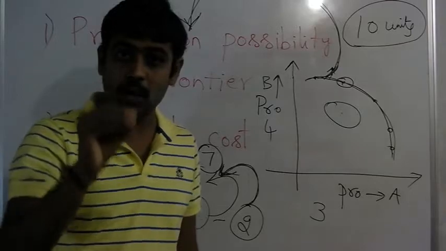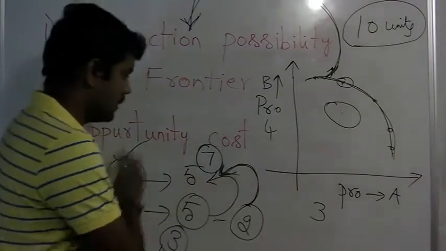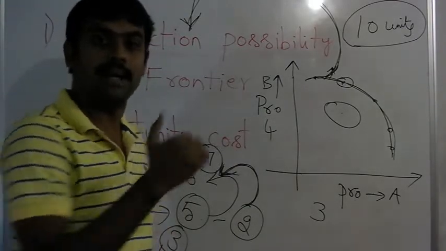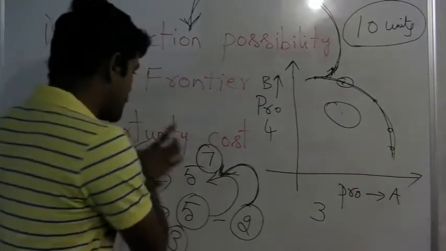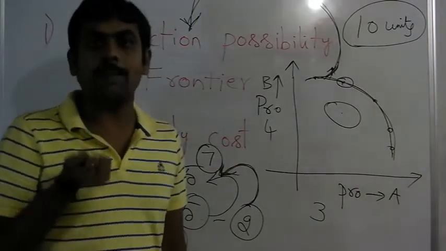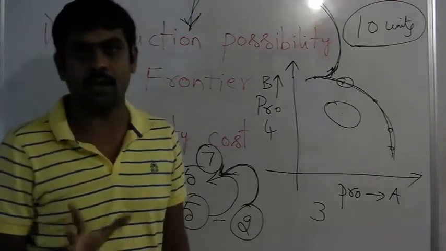To let you understand, I am explaining it in the form of some statistics, but actually statistics may not be involved here. Simply, opportunity cost means we are catching the opportunity for what? To meet the higher requirements of a particular product.